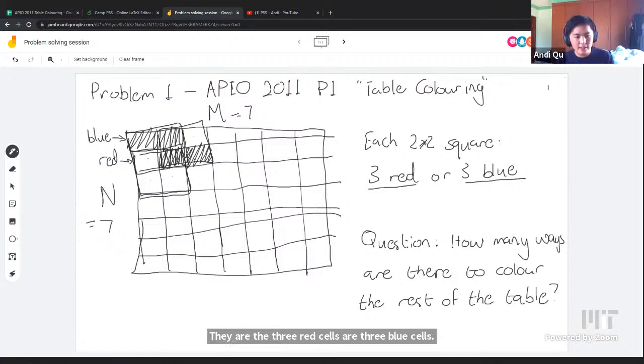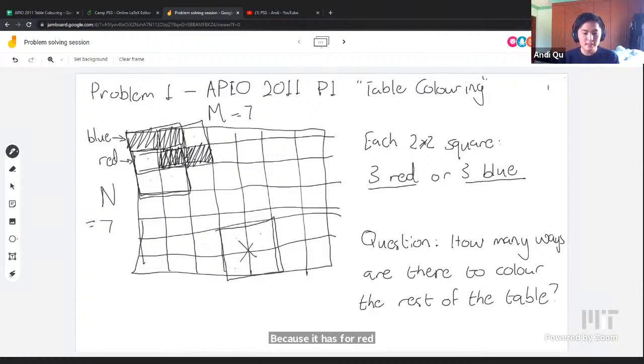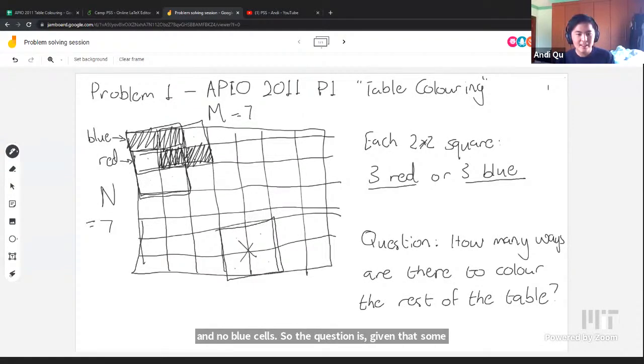For example, this 2x2 square is invalid because it has 4 red cells and no blue cells. So the question is, given that some of the cells are already colored in, how many ways are there to color in the rest of the table?